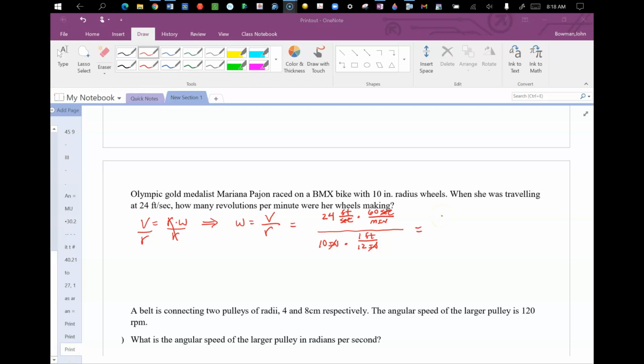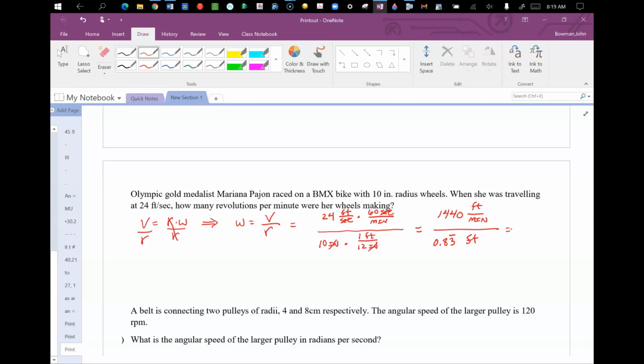In our numerator, we would have 1,440 feet per minute. In our denominator, we would have 0.83 repeating feet. And what we would end up with would be 1440 divided by 0.83 repeating.